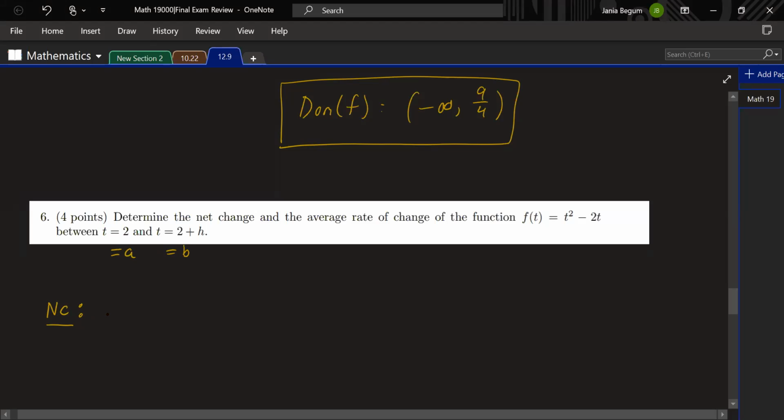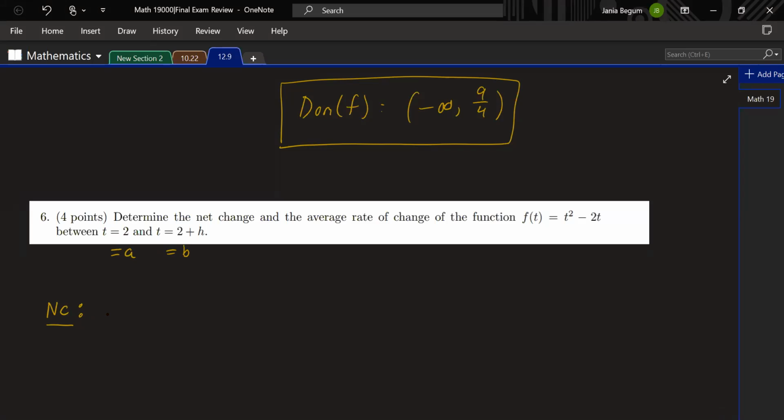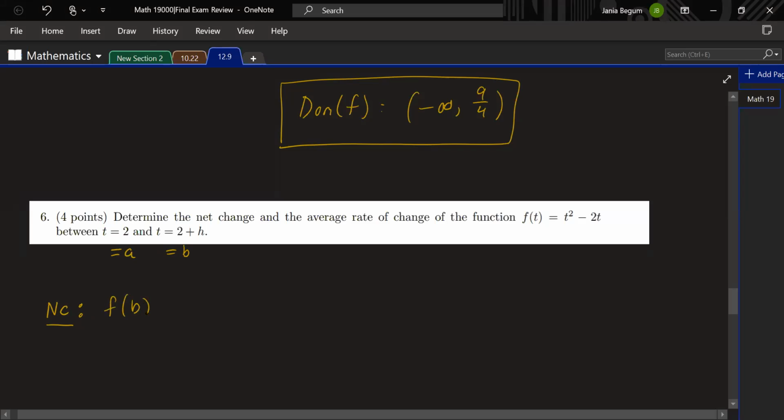That's average rate of change. So you gave me the whole thing. Net change is just the top of the average rate of change. So net change is just f of b minus f of a. And then the average rate of change is the net change over b minus a. So this would be f of b minus f of a over b minus a.